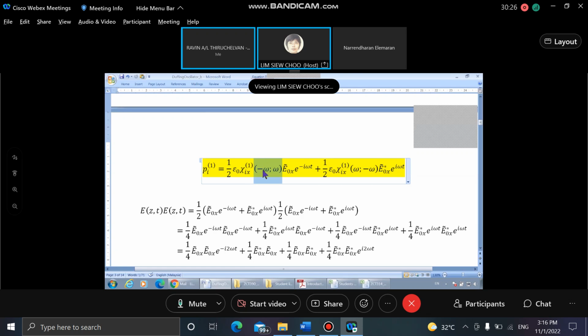Because remember last week, for the first time when I explained this, I put an asterisk on the chi1, but in the end I dropped it because I found that when we go to the second order, third order, it becomes very restrictive to expand it, I mean to split the terms, to split the chi into second order or third order. If we put the omega, then we have no problem.